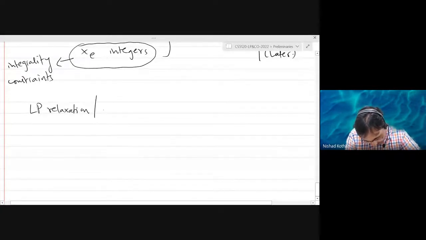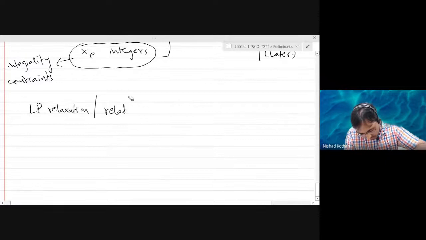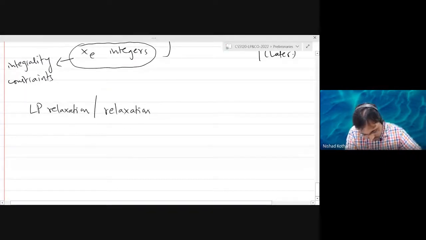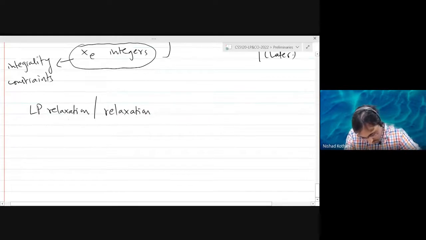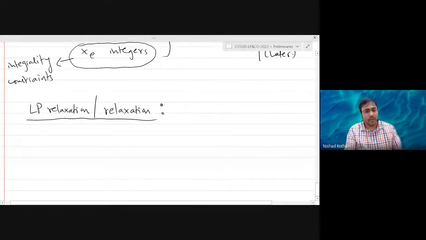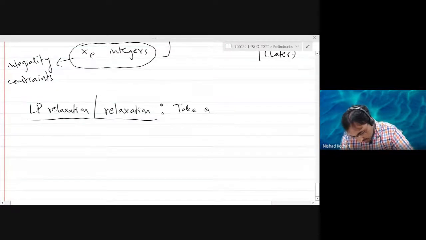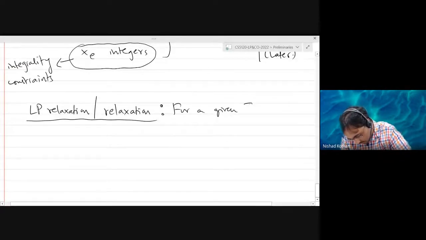So that brings me to LP relaxation, or just relaxation. In this course, we will only be looking at LP relaxations, so we don't need to say that. Take an ILP. For a given ILP, drop the integrality constraints.